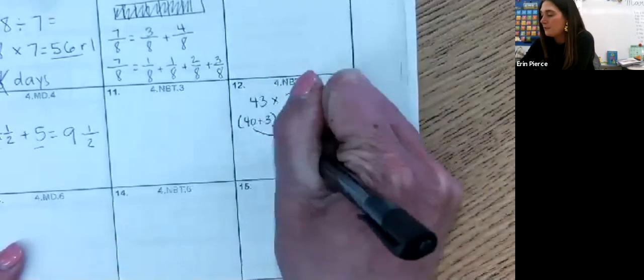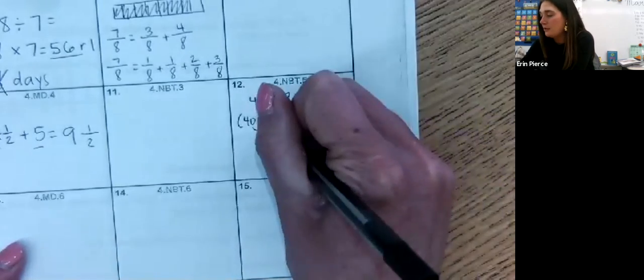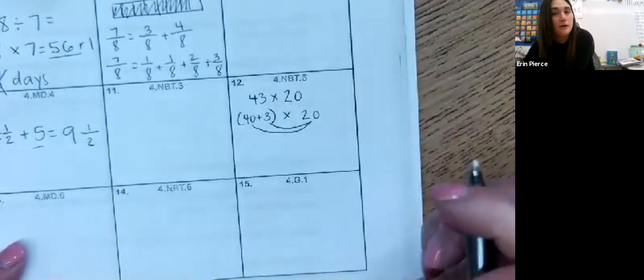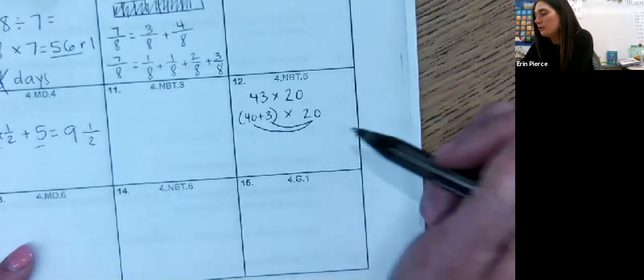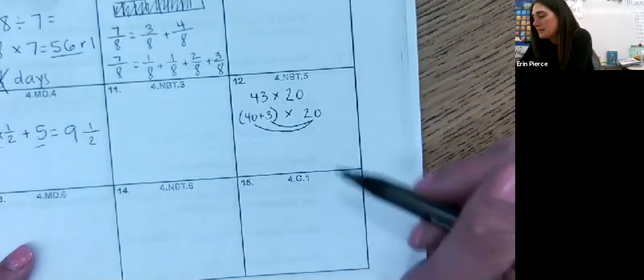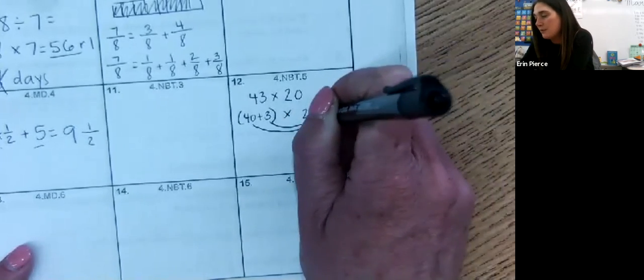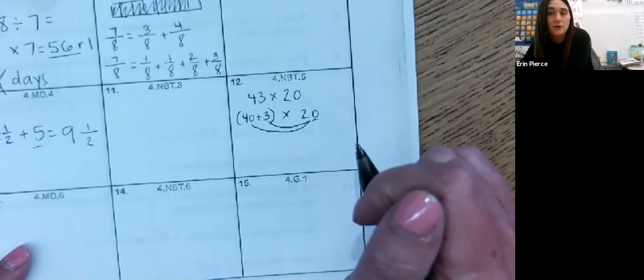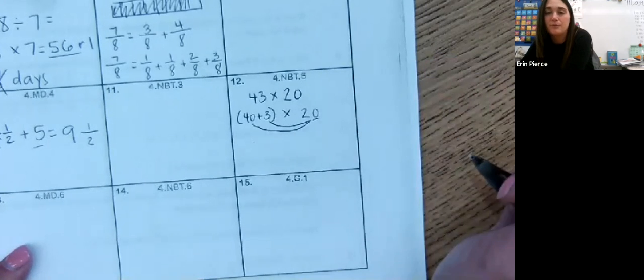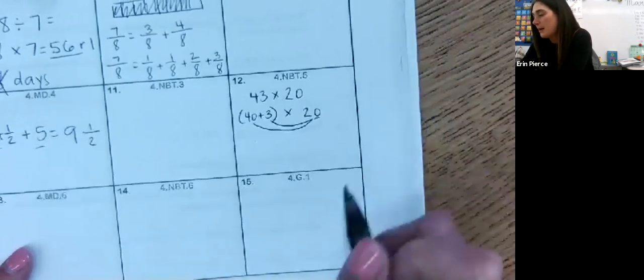So we're going to be doing 40 times 20 and 3 times 20, and then we're going to add our answers together. Now you might think, well, normally we do a lot more, but since the number in our ones place for our second number is 0, both of those answers would just come out as 0 if I multiplied them. So that's why we don't need to do that.